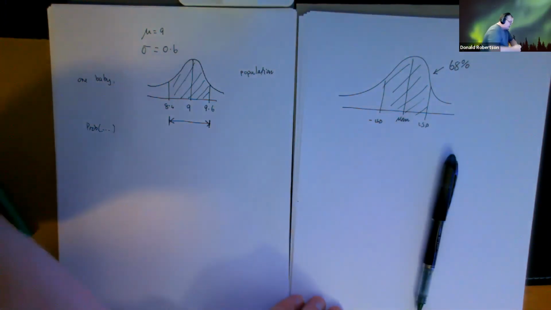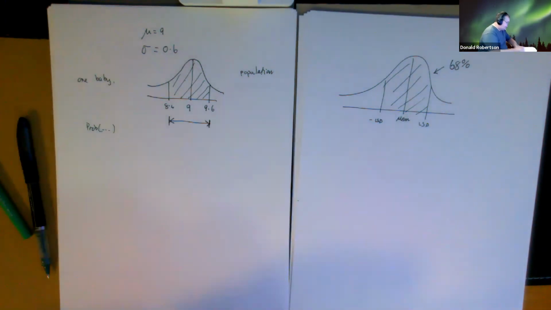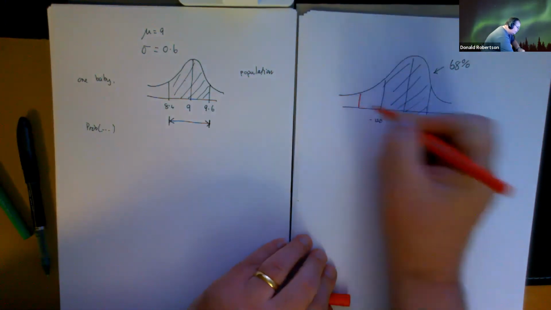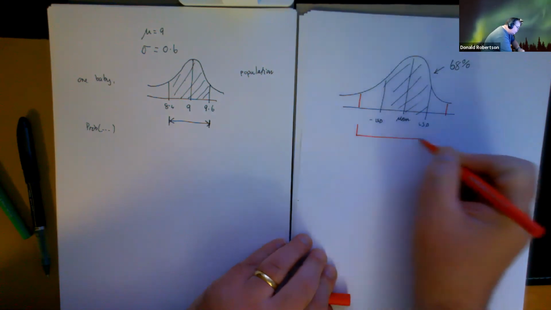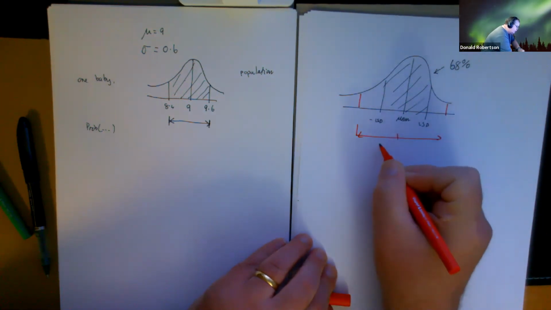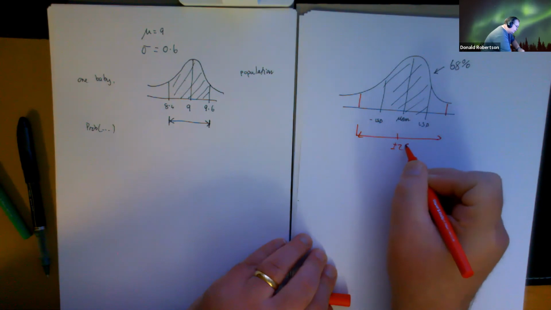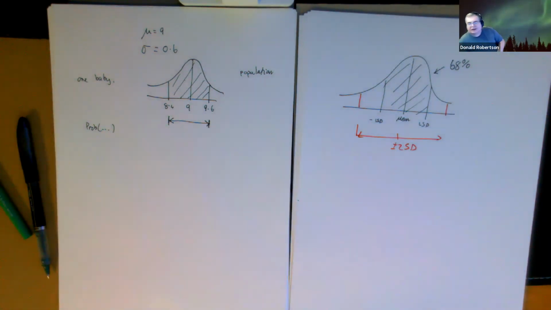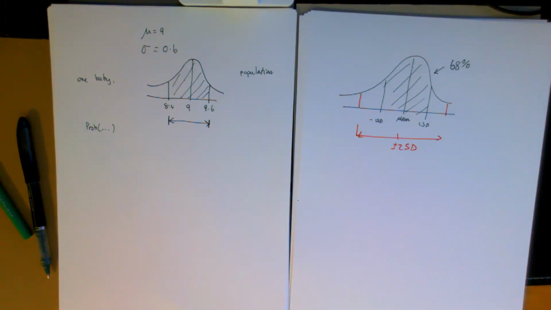And here goes for the second one then. What happens if you go plus or minus 2 standard deviations? What percentage does that get you then? So the first one was 68. The second one was? 95.